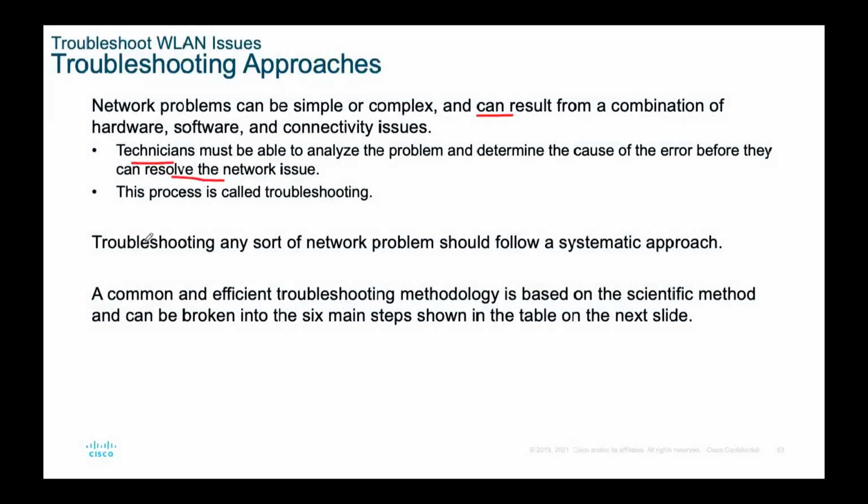This process is called troubleshooting. Troubleshooting any sort of network should follow a systematic approach. A common and efficient troubleshooting methodology is based on the scientific method and can be broken into the 6 main steps shown in the table on the next slide.